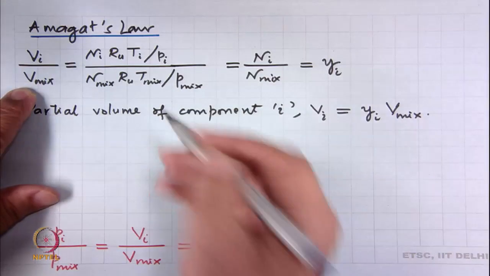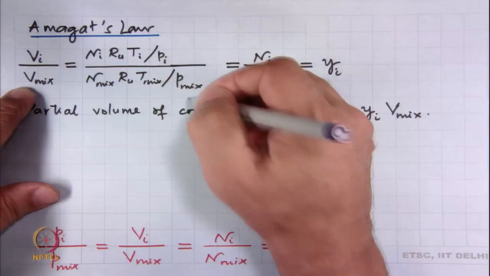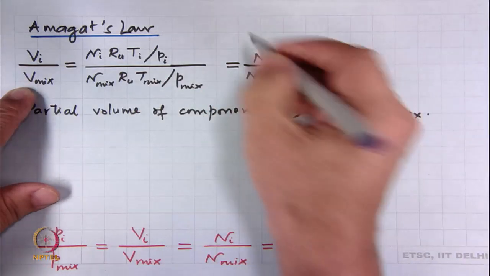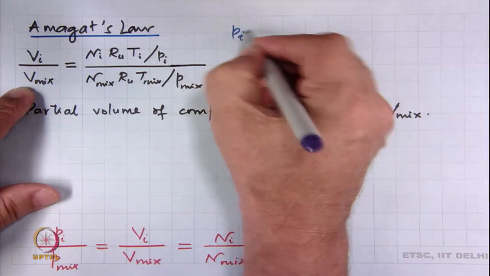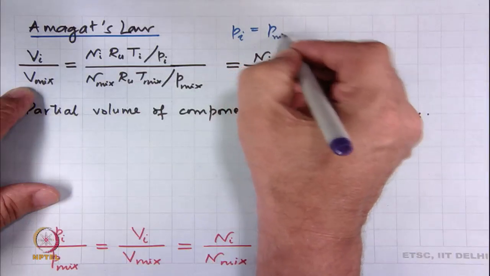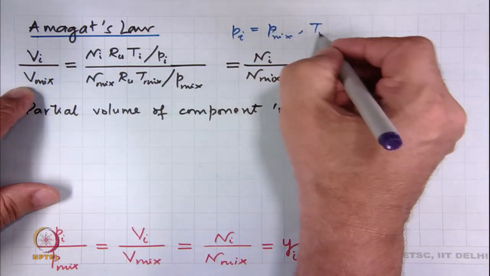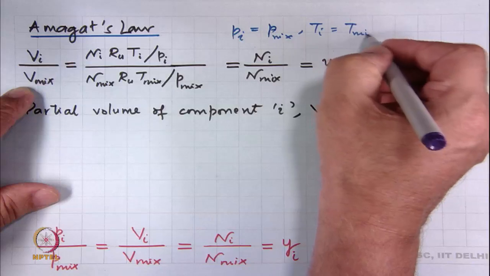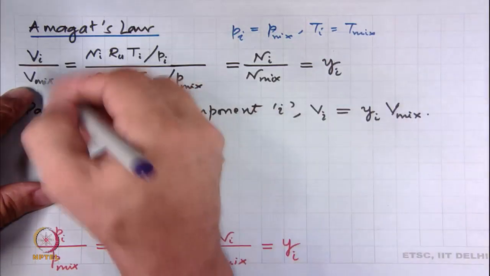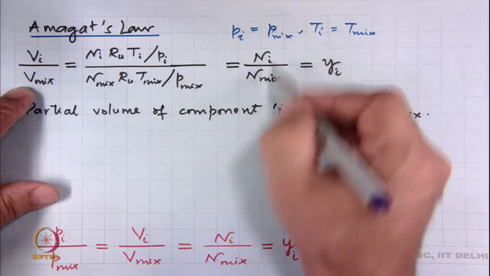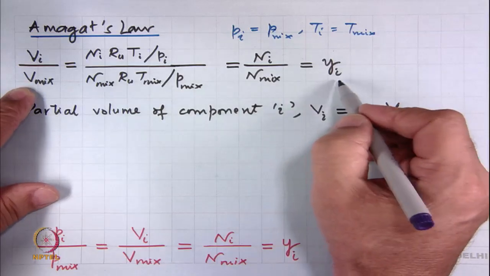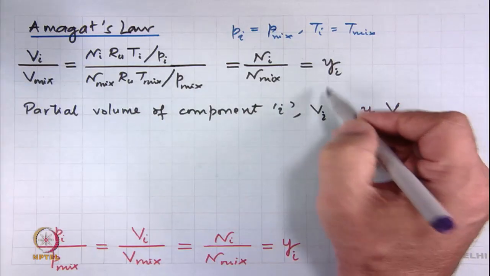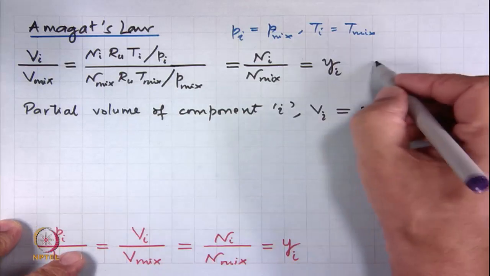Recall that in this case we are keeping the same temperature and the same pressure. So, all the P_i's are equal to P_mix and T_i equal to T_mix, in which case V_i by V_mix becomes n_i by n_mix, which is nothing but small y_i, the molar fraction.